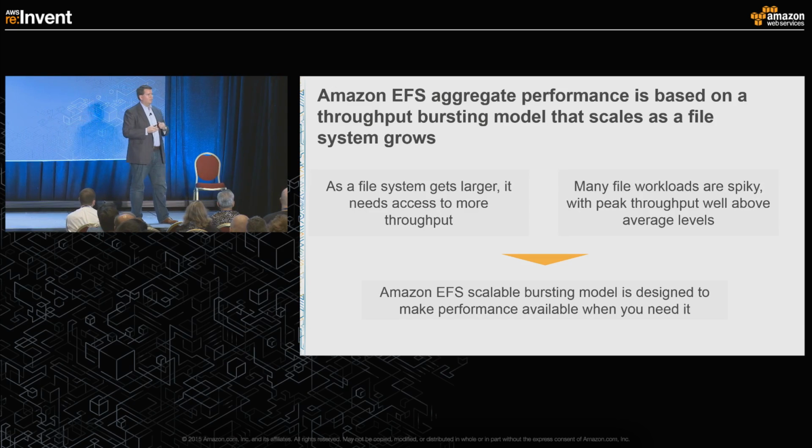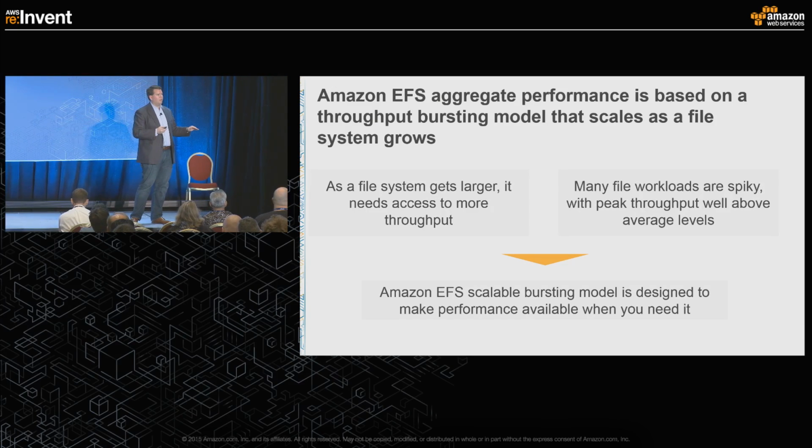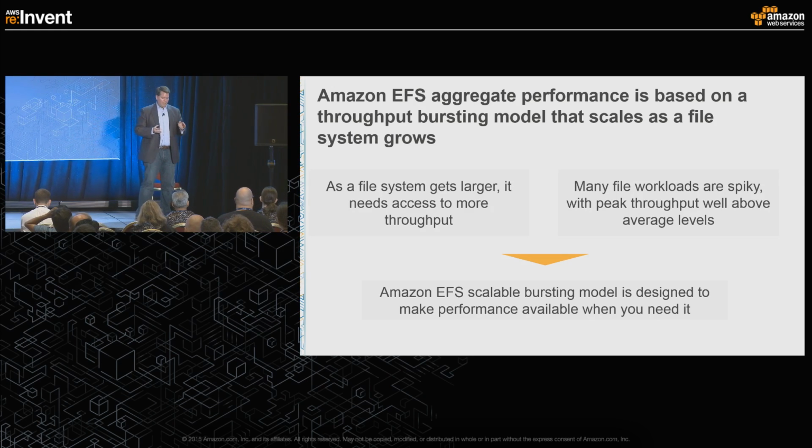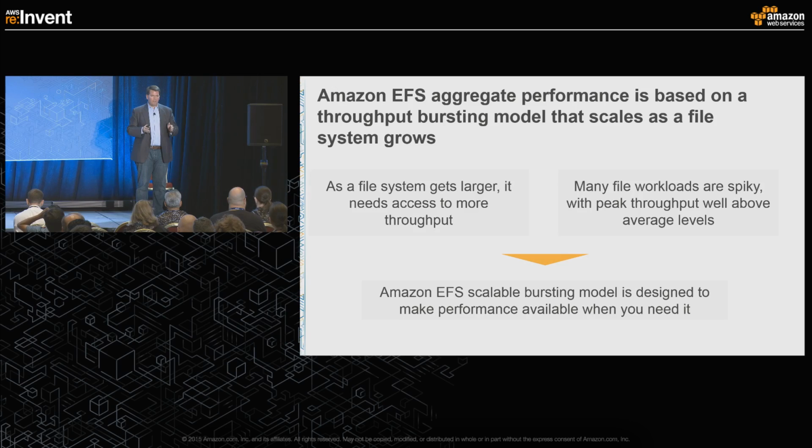This is the idea of delivering a very consistent performance experience based on the volume of capacity and allowing you to burst to double that level of performance on an as-needed basis. So as your EC2 instances require more throughput out of a particular file system, we make those available so that you can complete the job as fast as possible, and the file system automatically reverts back to a particular baseline.